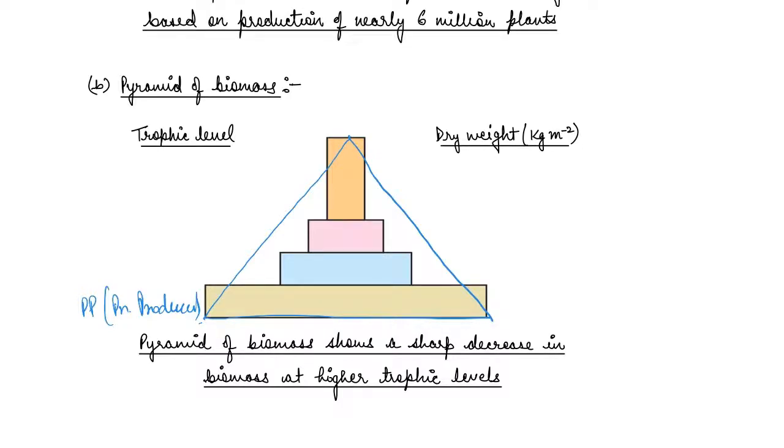Then the second level is primary consumer. Then we have the third level, which is secondary consumer. And then the top level, which is tertiary consumer.